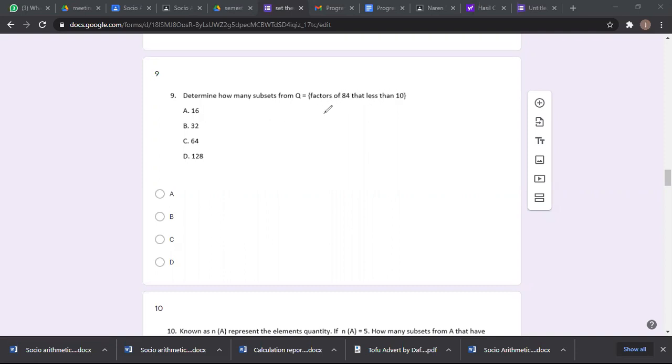I will write down all the factors: 1 with 84, 2 with 42, 3 with 28, 4 with 21, 6 with 14, and 7 with 12. 5, 8, and 9 do not work.